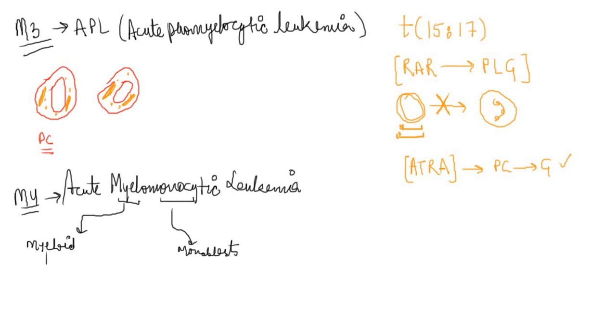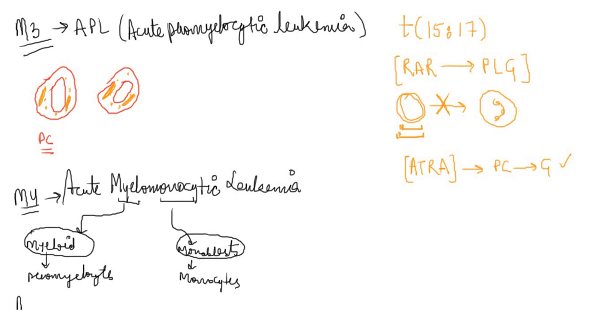These myeloid blasts will differentiate into promyelocytes, and the monoblasts will differentiate into monocytes. So if we look at the bone marrow aspirate in the M4 subtype, we can see both the myeloid component and the monoblastic component.